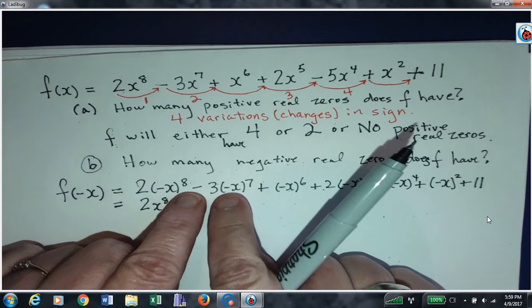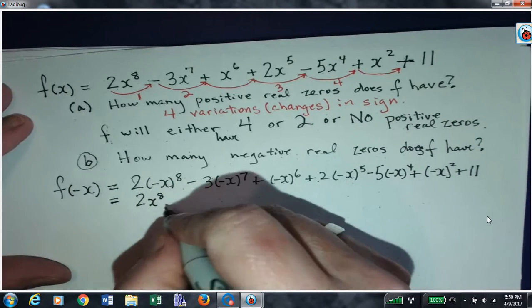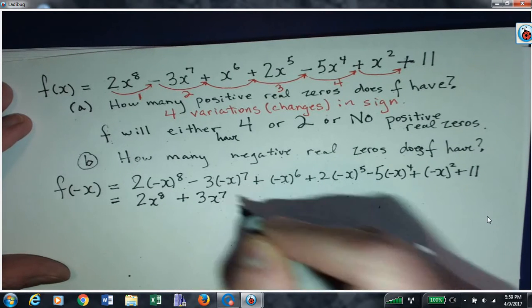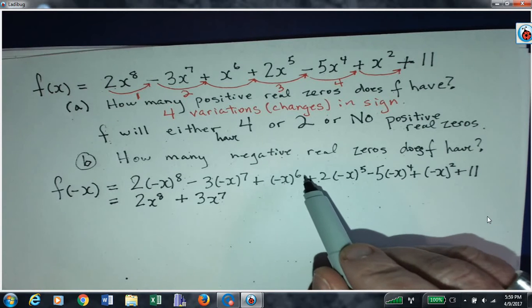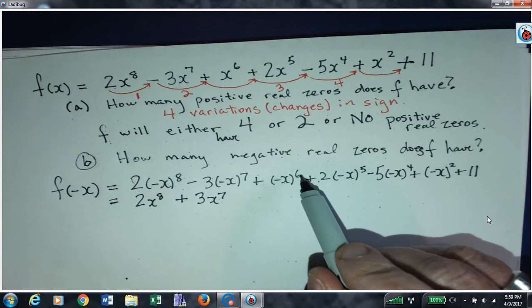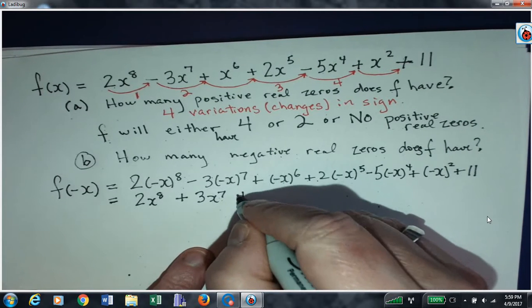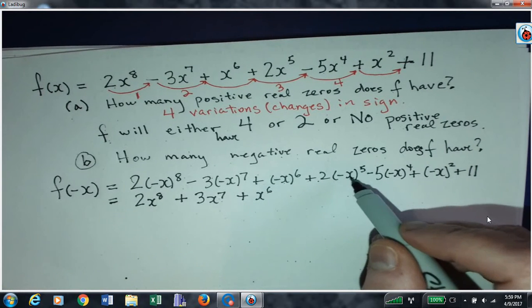And so I'm going to have 2 negative symbols and they will cancel each other out. What happens to the negative sign inside here? The exponent is even, so it goes away. What happens to the negative sign inside here? The exponent is odd. It stays.